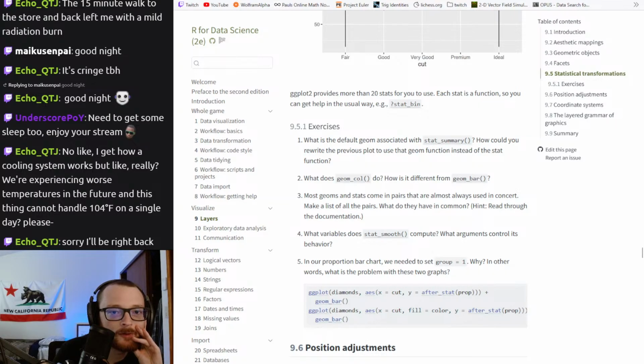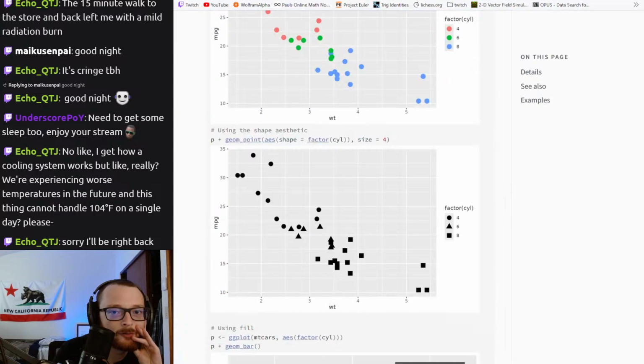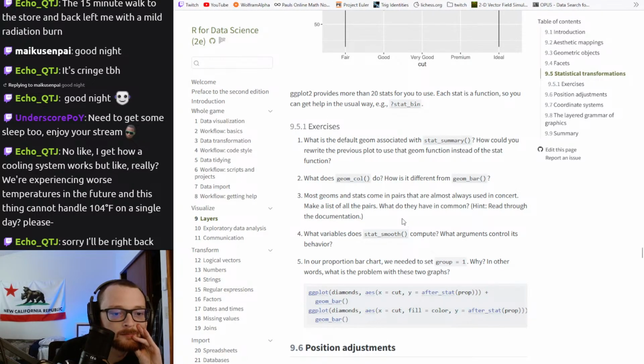The only difference seems to be their default parameters. Most geoms and stats come in pairs that are almost always used in concert. Make a list of all the pairs. What do they have in common?